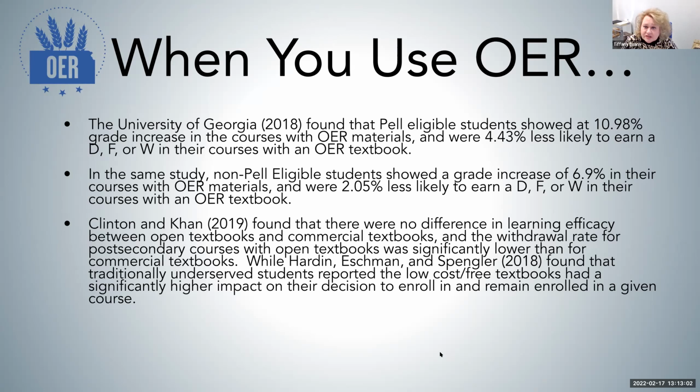That is a big jump. And they were a little more than 4% less likely to earn a D, an F, or a W in an OER textbook course. For non-Pell eligible students, their grades were up almost 7%, and they were less likely to earn a D, F, or W by about 2%.